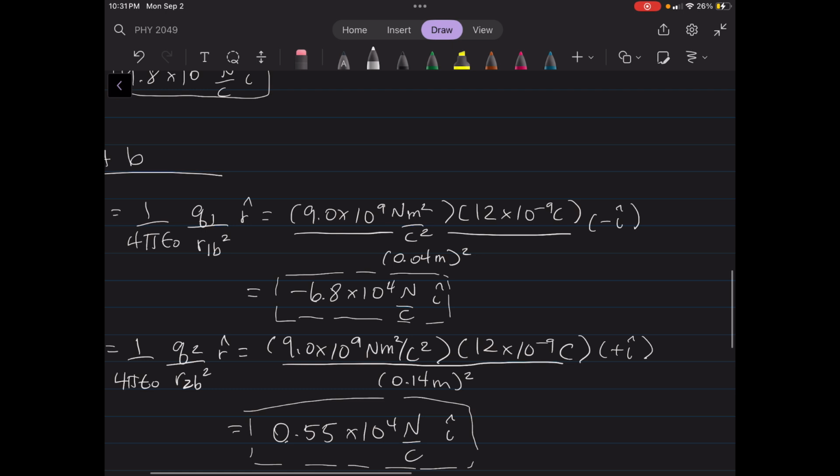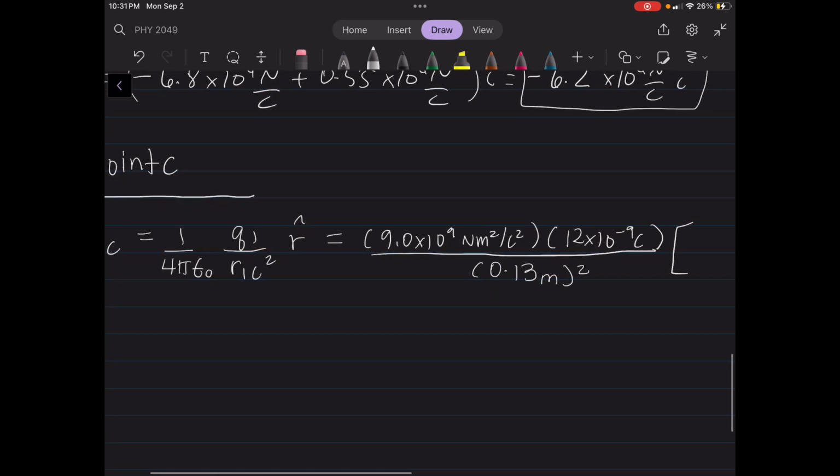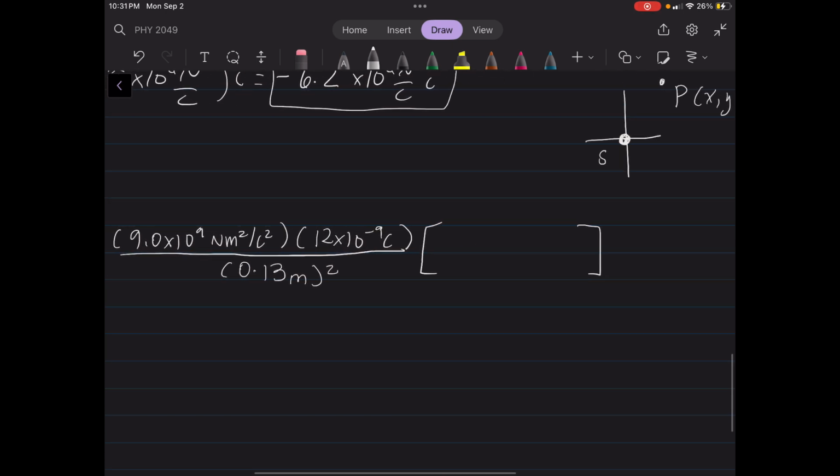That's going to go into our r hat conversion. So 0.05 meters i hat, 0.12 meters j hat, divided by what? Divided by r, right?